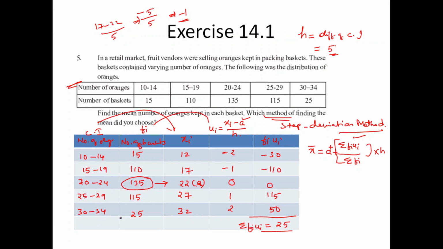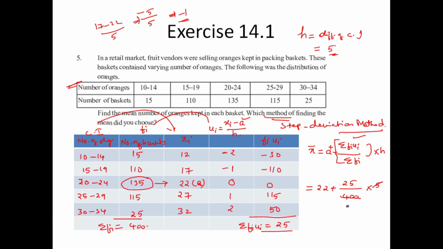And here we should also get sigma of f of i. When I add all this up, the result is 400, and substituting it over here, you have 22 plus 25 by 400 into 5. Right?